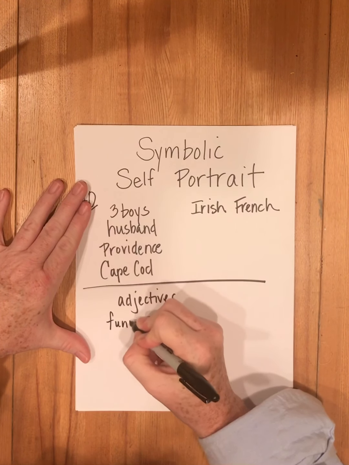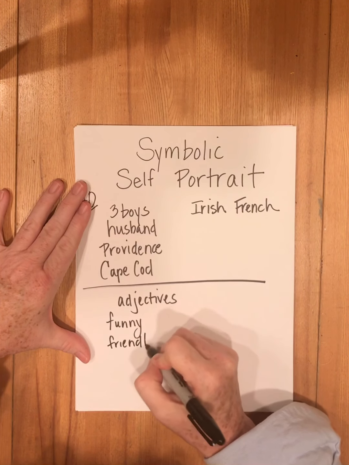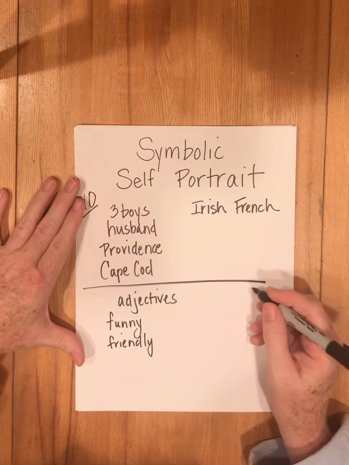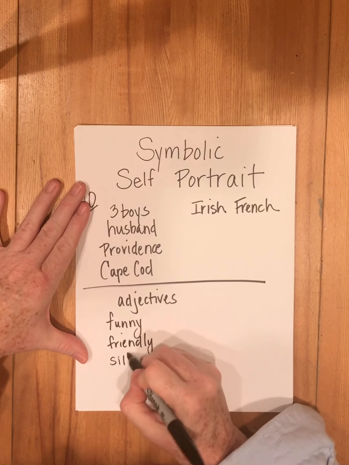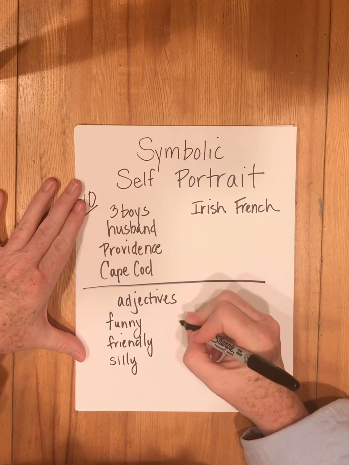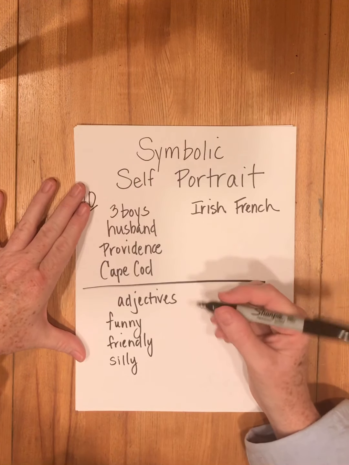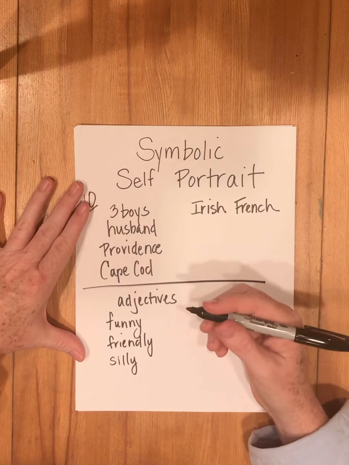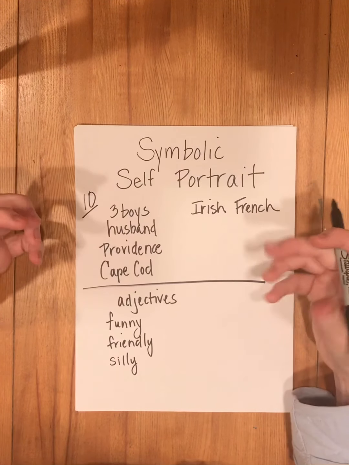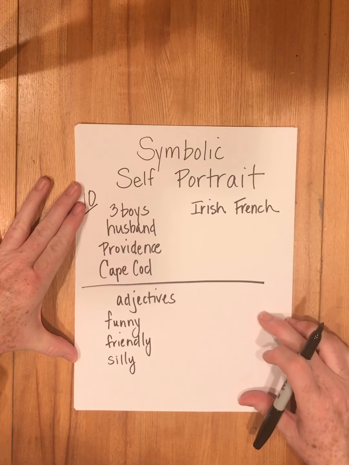Would they say maybe that you're friendly? Maybe you're very silly. Maybe you're very intelligent. Maybe they would say you're athletic or artistic, or imaginative, whatever words you think describe you, and come up with those words down here.